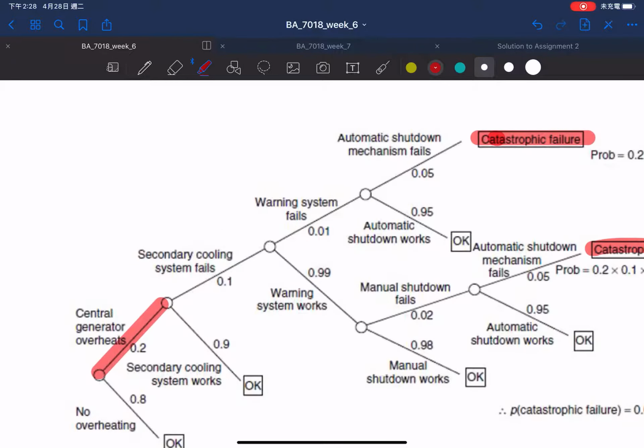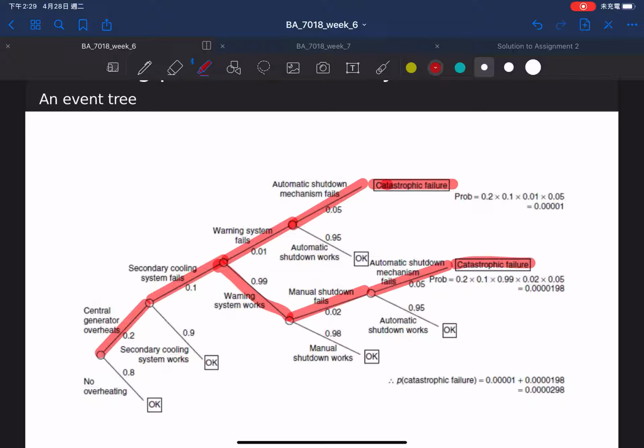You also need the secondary cooling system to fail, and then the warning system to fail. Or the warning system works, but the manual shutdown fails, and the automatic shutdown also fails. And if the warning system fails, then if the automatic shutdown doesn't work, it also fails. So these two paths can both lead to the catastrophic failure.